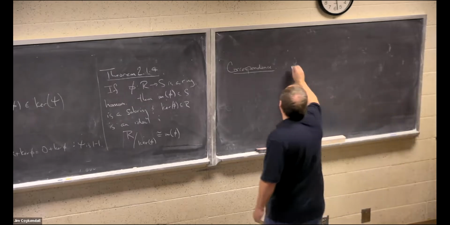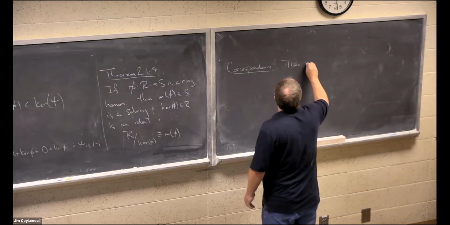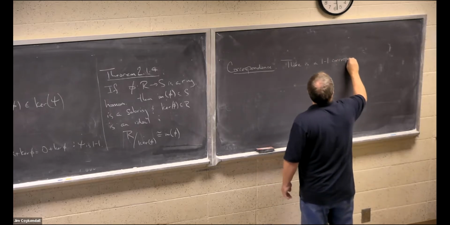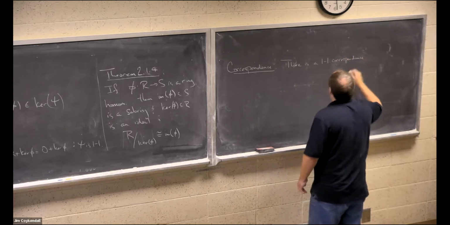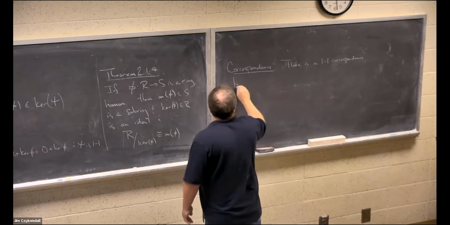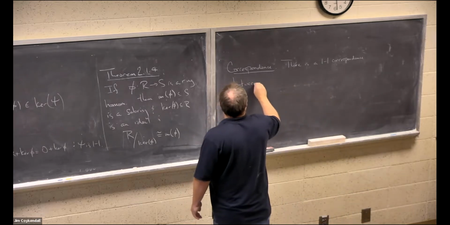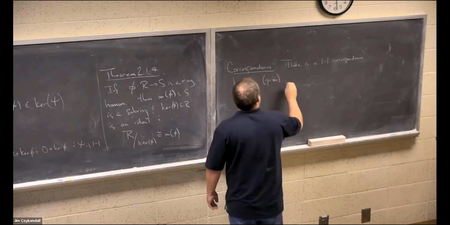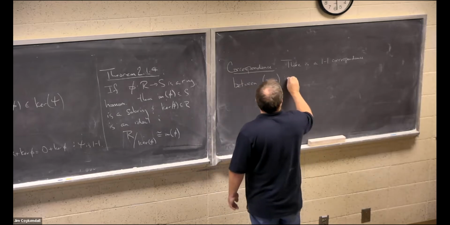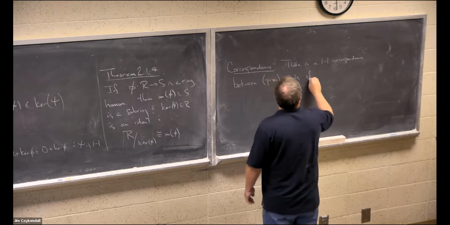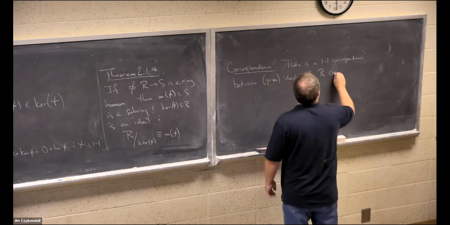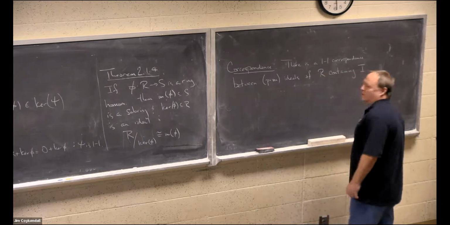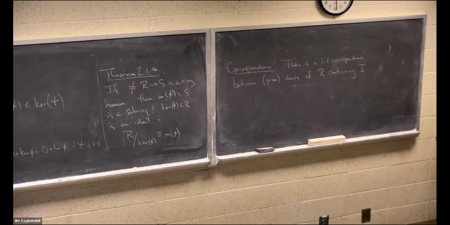There is a one-to-one correspondence between ideals, or in fact prime ideals, of R containing I. Here, R is a commutative ring with identity, and I is some ideal in it.